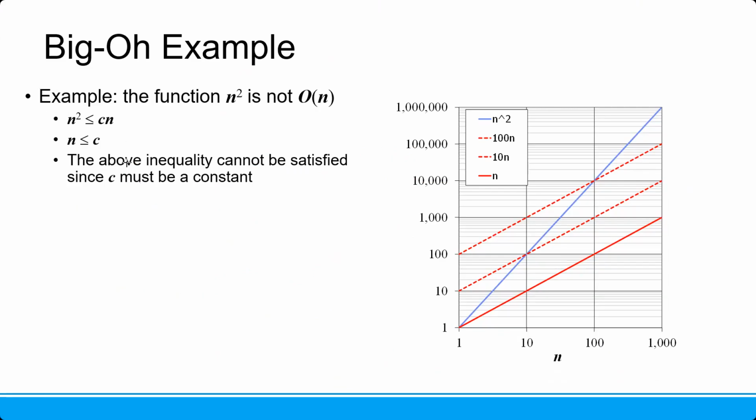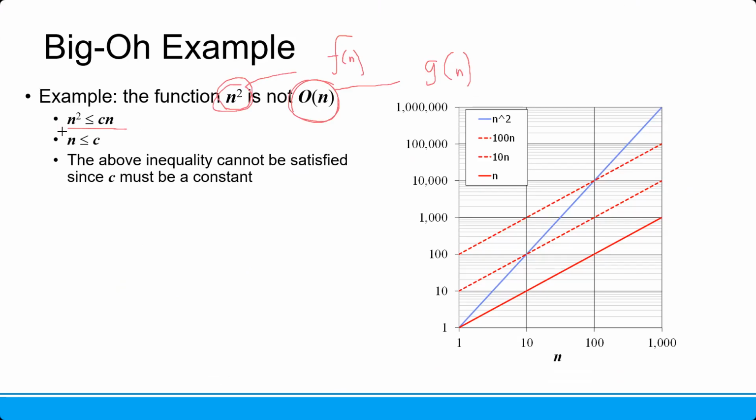And another example, n power of 2 is not O(n). You can do the same. n power of 2 is the f(n) and O(n) is the g(n).